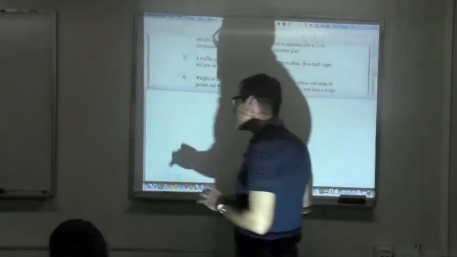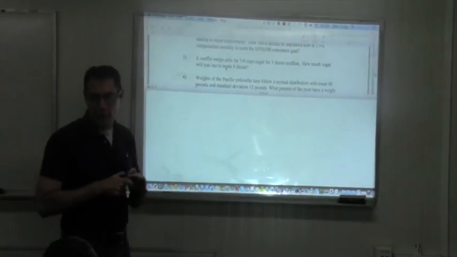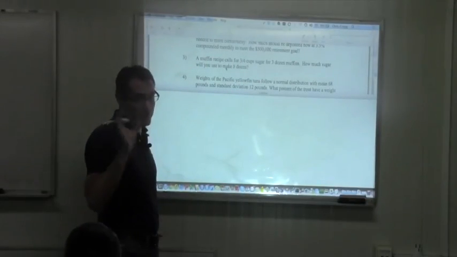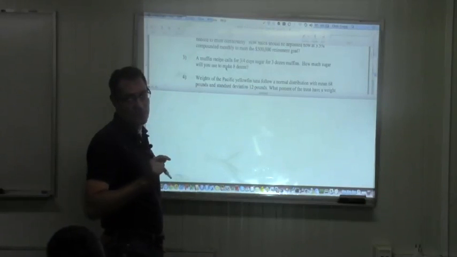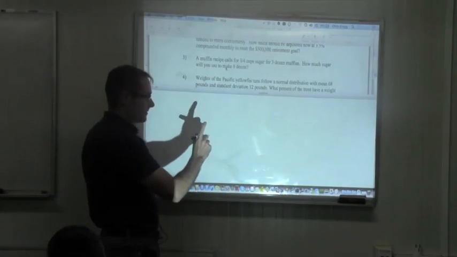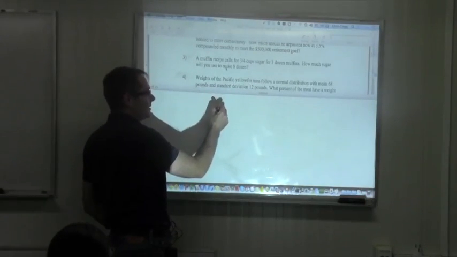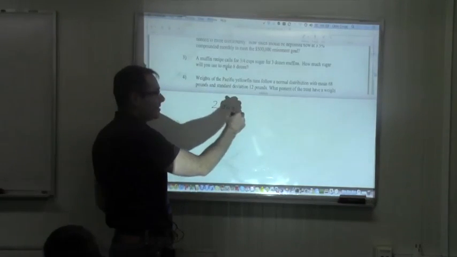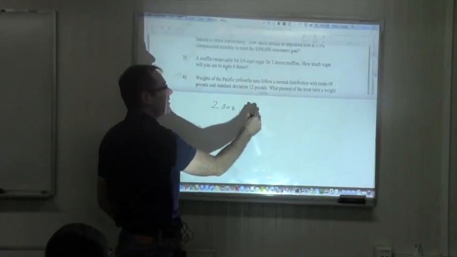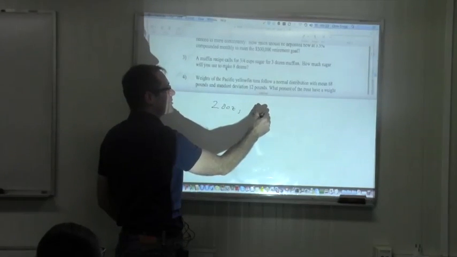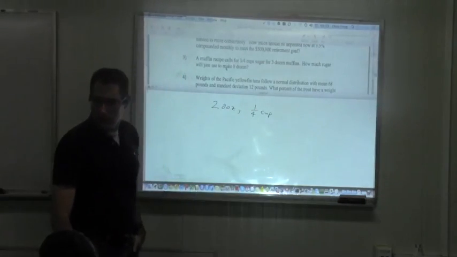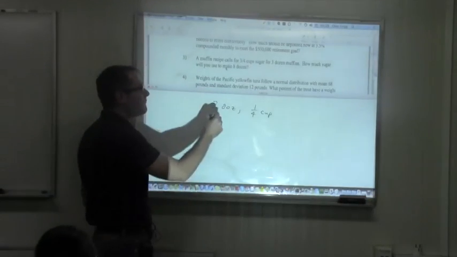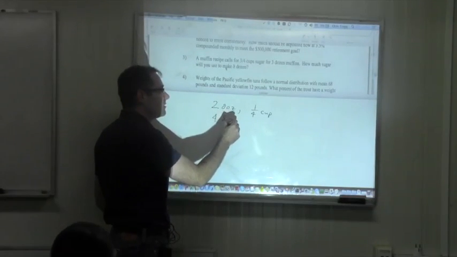Let's just try to walk through how you might think this if you didn't remember the formula, because that's more important. Let's say you wanted to make 2 dozen cookies, and the recipe says you have to use 1/4 cup of brown sugar. If you wanted to make 4 dozen cookies, what would you do?